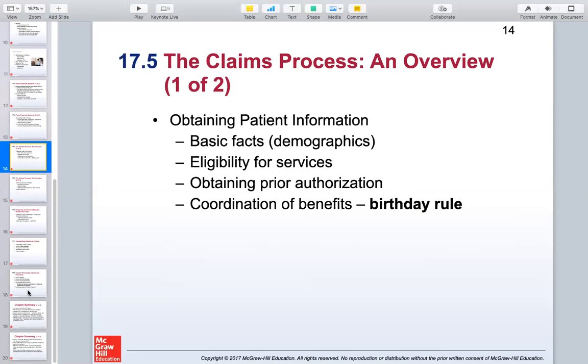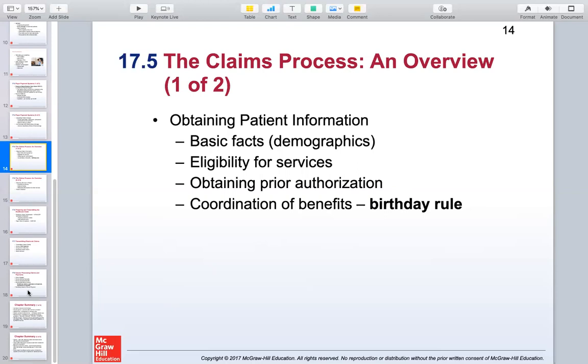And the birthday rule has to do with when there are dependents on these insurance plans, and both the wife and the husband have insurance. So you have a primary plan and a secondary plan, but how do you figure out who's the primary and who's the secondary? Well, we use the birthday rule.